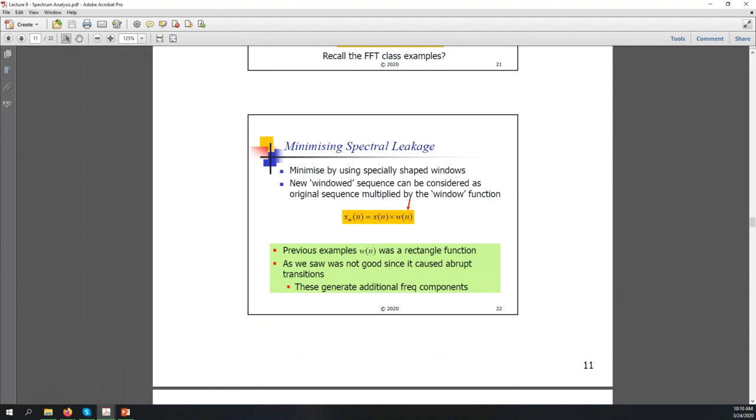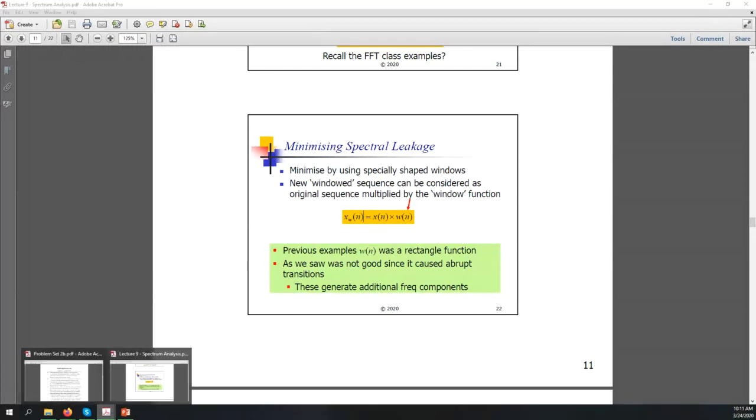For mitigation with a window function, you start with the sample signal x of n, and then you multiply it by some window function w of n to get the new signal, which is x of n times w of n. I believe in question 3 in particular, we're going to see a practical application of this.